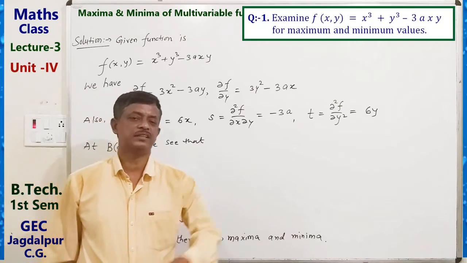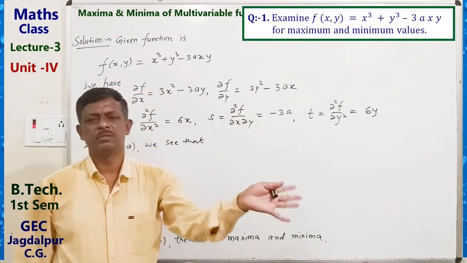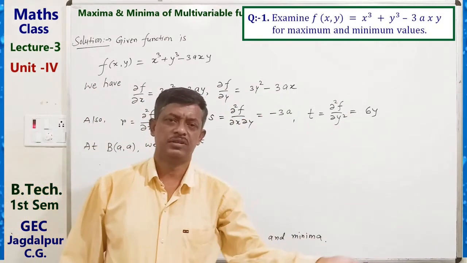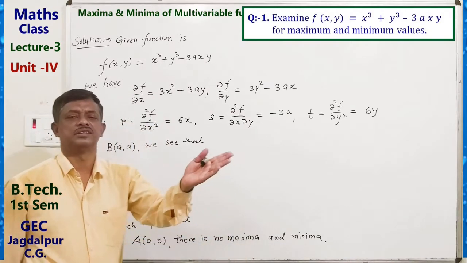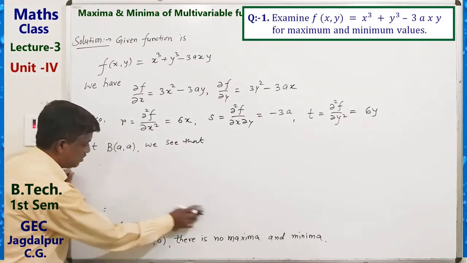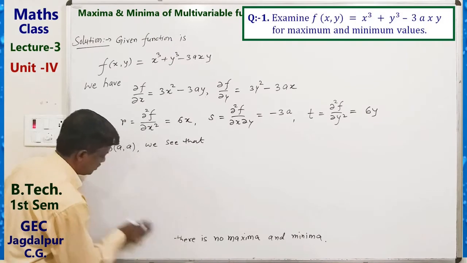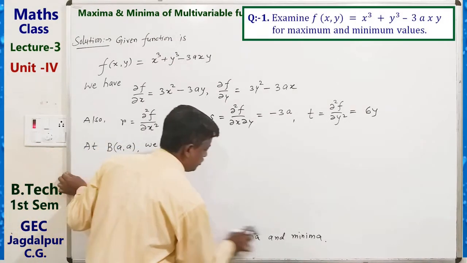Extreme value means either maximum value or minimum value. So there is no extreme value for the function, as rt minus s square is less than 0 there.